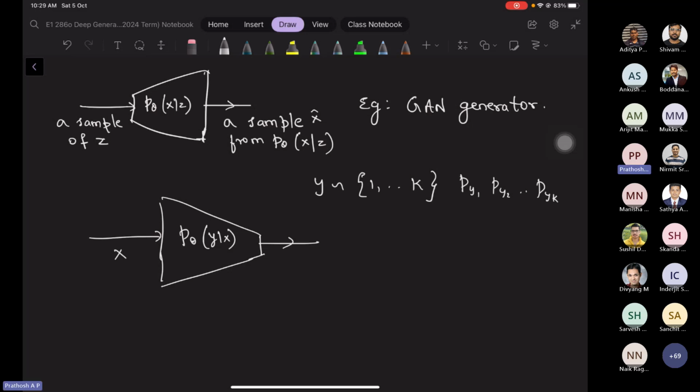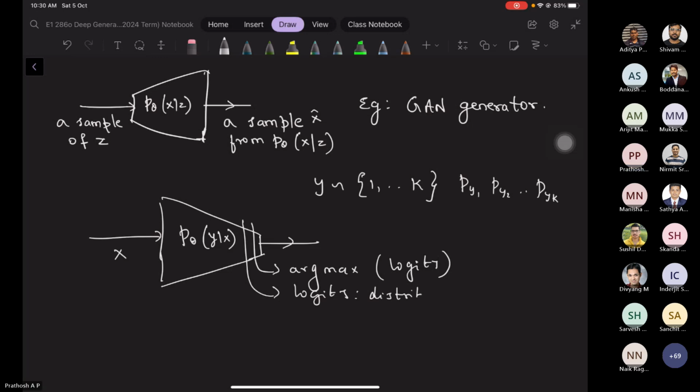Why do you say so? Okay, so here is the answer. If you look at the entire classifier, and suppose you take the final layer to be the argmax of logits, then it is a sample. But if you stop at logits, then it's actually a distribution, the probabilistic way.